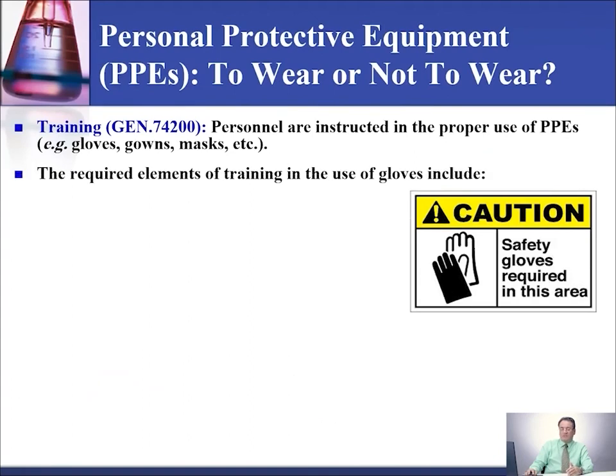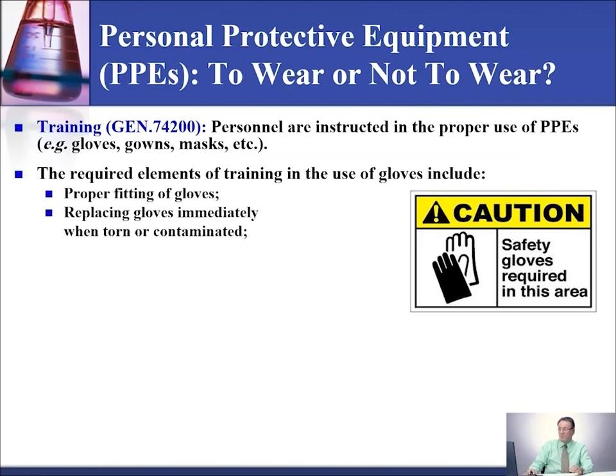Next is training, safety training. You will find this in the CAP LabGen checklist standard 74200. It says personnel are instructed in the proper use of PPEs, whether they're gloves, gowns, or masks, whatever they need in order to do their job. The required elements of training in the use of gloves include proper fitting of gloves.